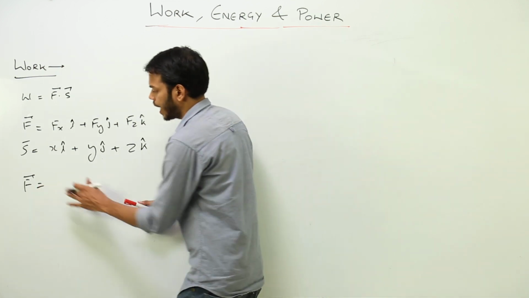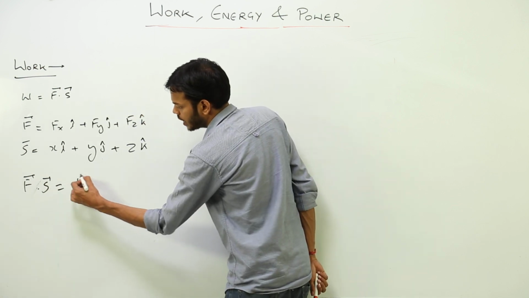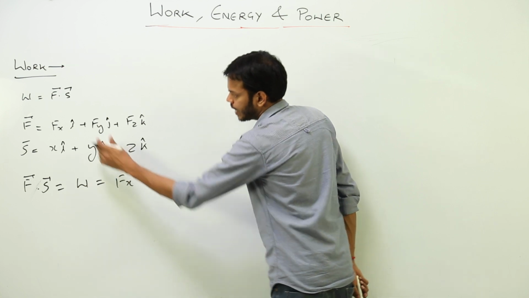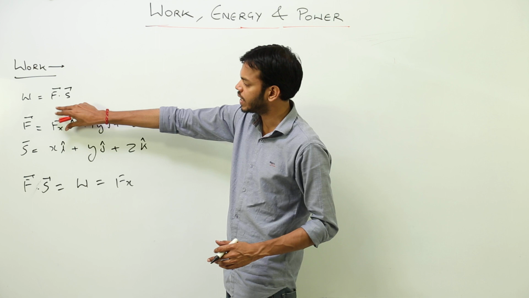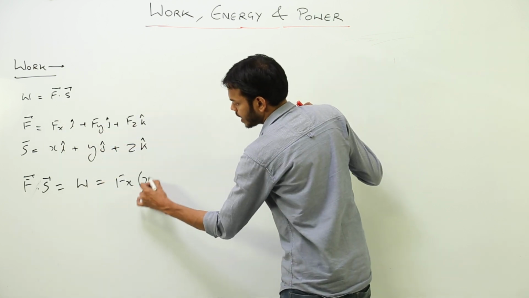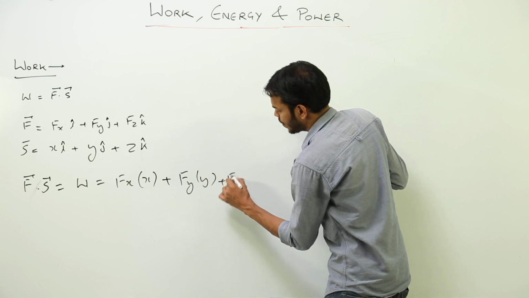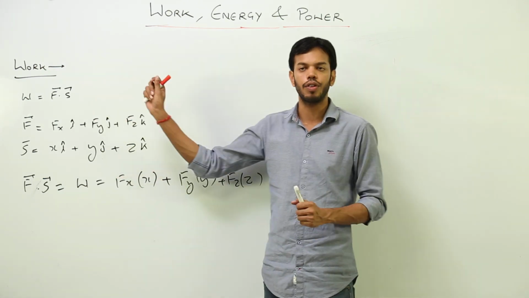Instead of writing F dot s, you can simply write work done is equal to the dot product of these two, which would be the x component into x component, that is i component into i component, which is Fx into x plus Fy into y plus Fz into z, right? This will be the straightforward answer.